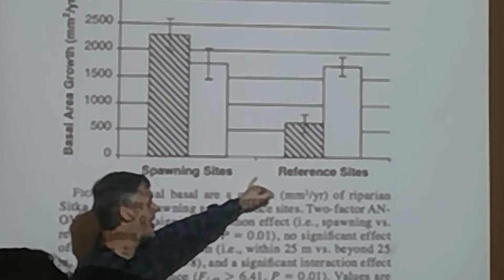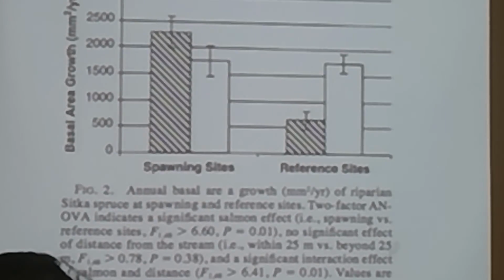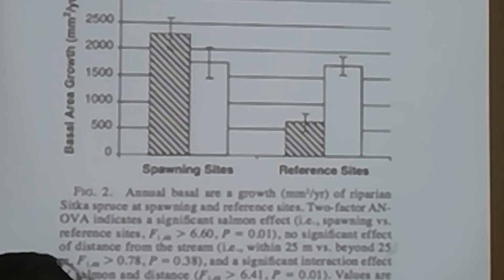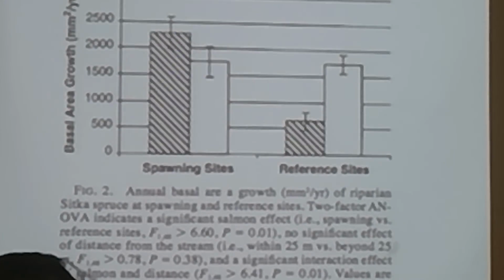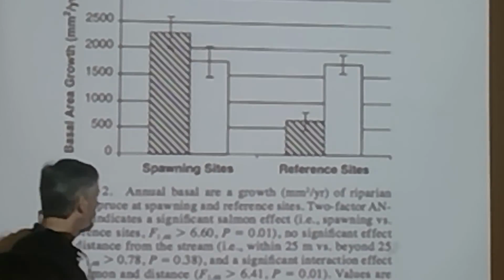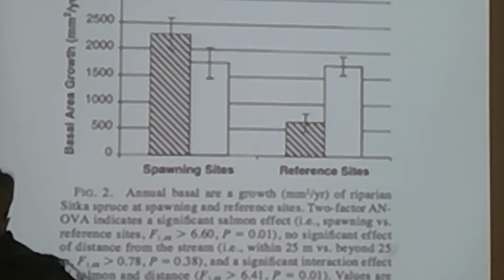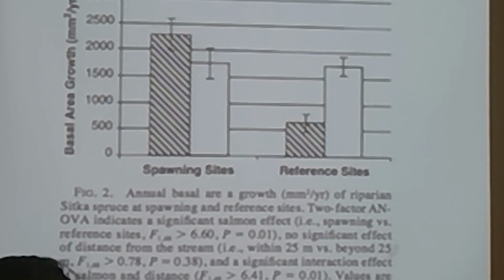In fact, if you look at the reference sites, it's worse. Growing by streams, it's a terrible place to be if you're a Sitka spruce. Once you're out of that sort of nutrient-rich salmon zone, we see that the growth rates of those Sitka spruce trees tend to be roughly the same.